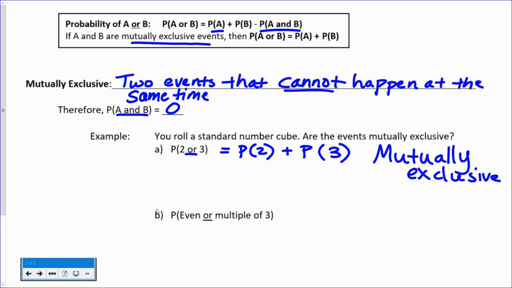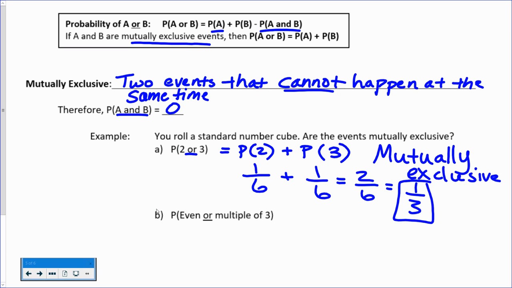Okay, so I'll go ahead and find the probability I roll a 2. There's 1, 2 on the 6 sides. There's 1, 3 on the 6 sides. So then I get 2/6 or 1/3. So 1/3 would be my simplified fraction, or if they asked for a decimal to 3 places, that would work as well.